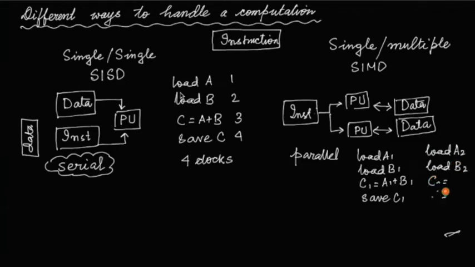And you get the idea. So this is done by one processing unit, and this is done by the other. You see that each processing unit is following the exact same set of instructions, but with two different data sets, A1, B1, C1 and A2, B2, C2.